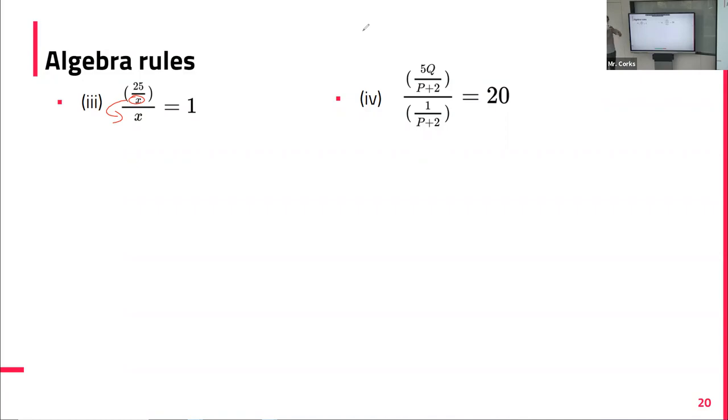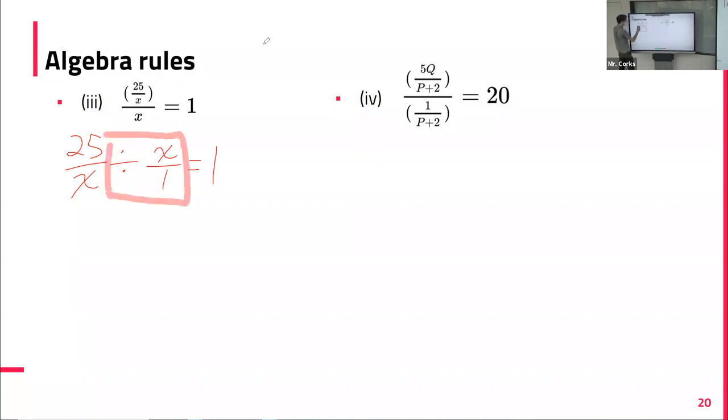Yeah, so I want to show all the steps clearly and not skip anything. Okay, so let's write that. So 25 over x, divided by, here we have x over 1. Okay, good. So that's the idea here.